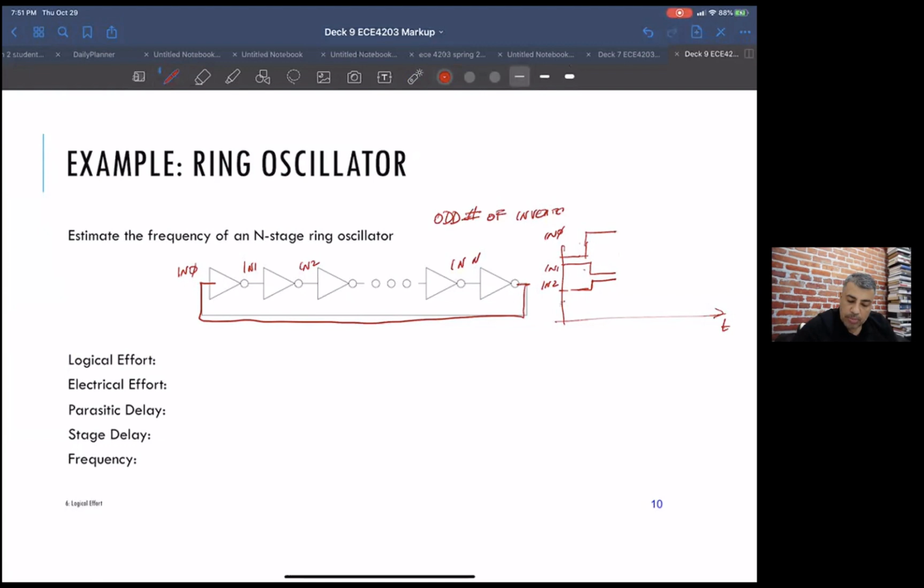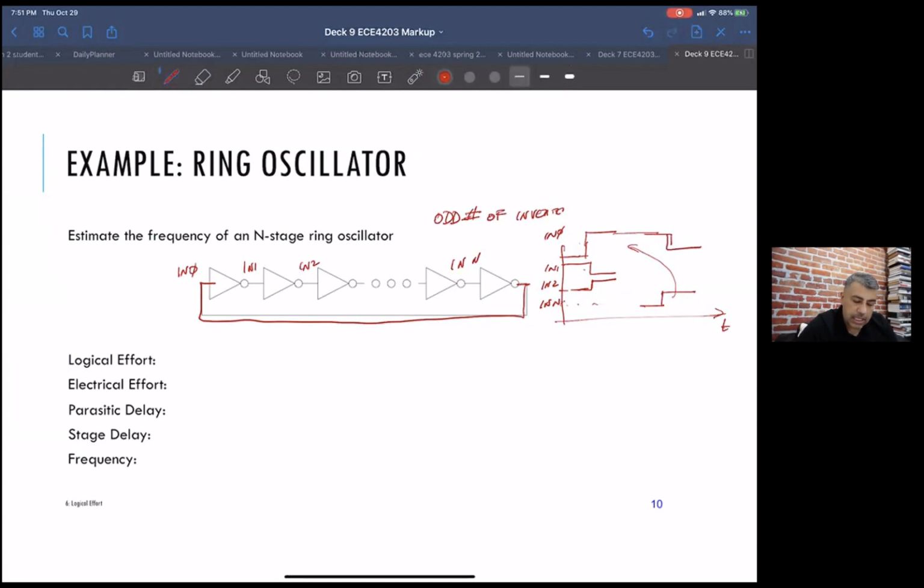So after some amount of delay, then you'll get NN, which coincidentally is connected to this guy. So basically it'll force N1 to go back down.